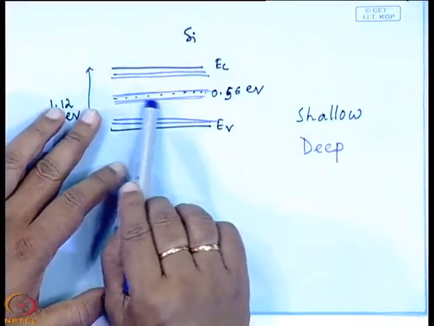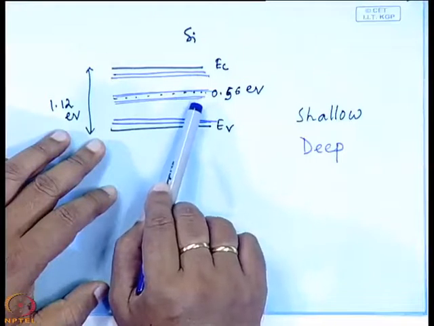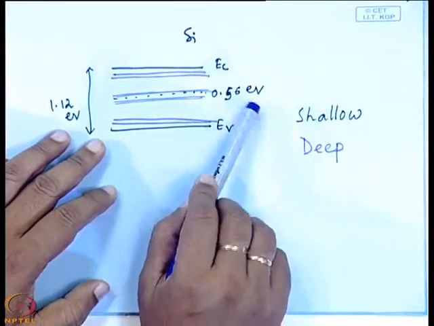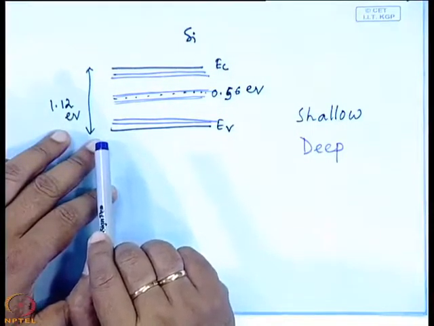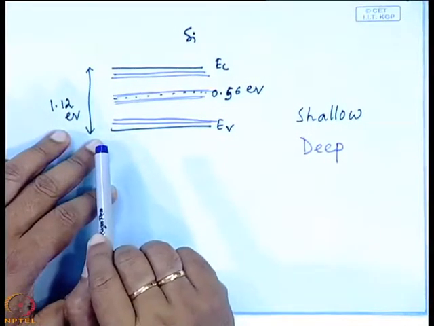Say if it is near the mid gap, what is the value? The value is 0.56 electron volt, almost 0.5 electron volt. So, 0.5 electron volt is a very high value for a semiconductor.